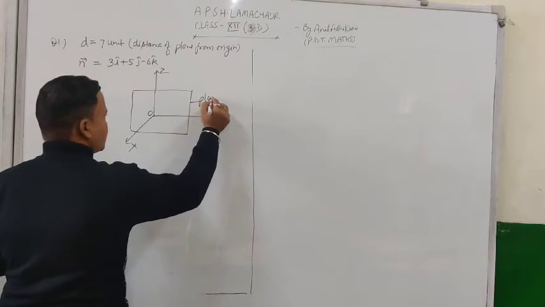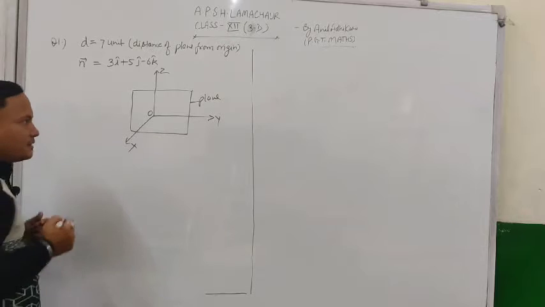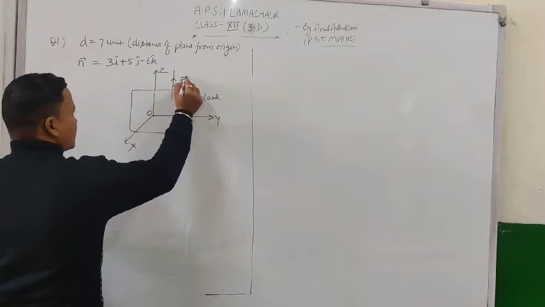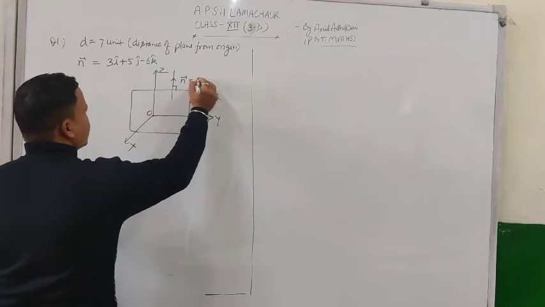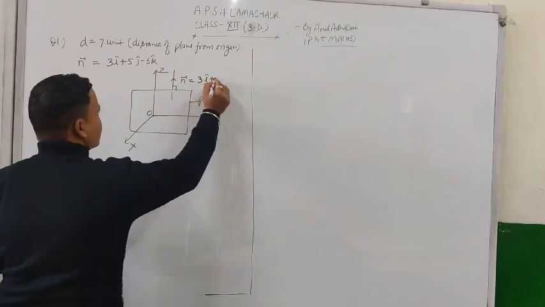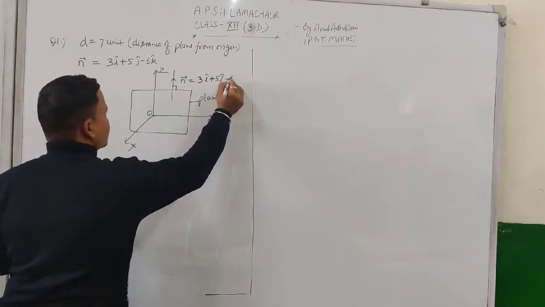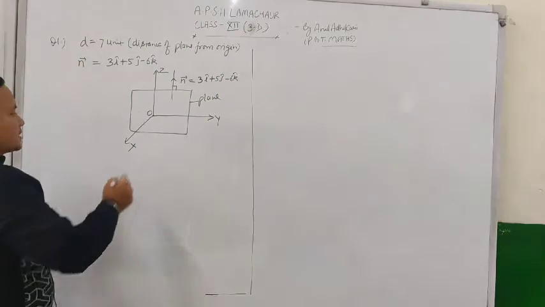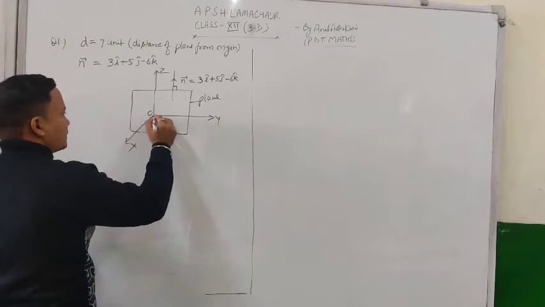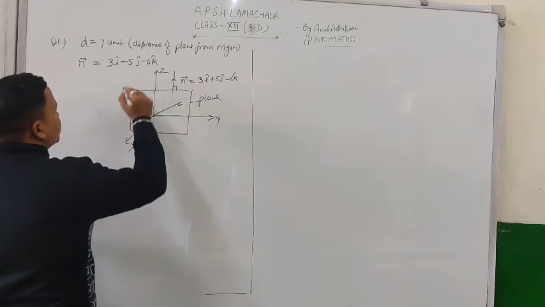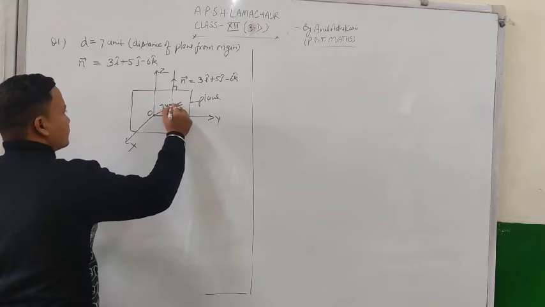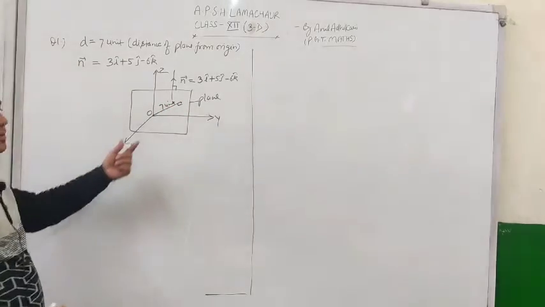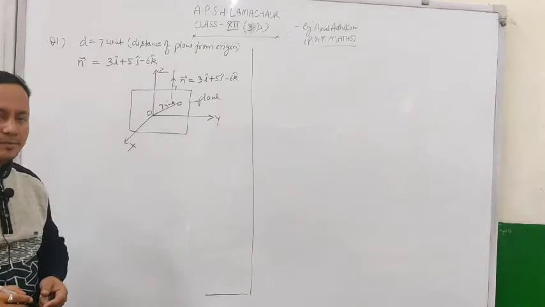Now what we have been given is the normal vector n, which is 3i plus 5j minus 6k, and the distance of this plane from the origin, which is 7 units.